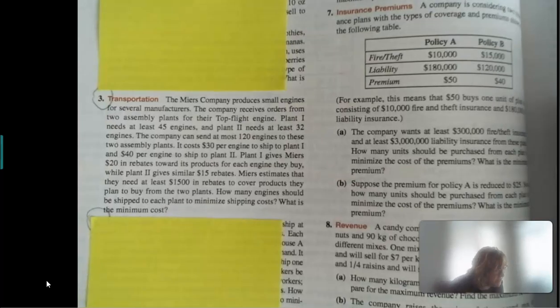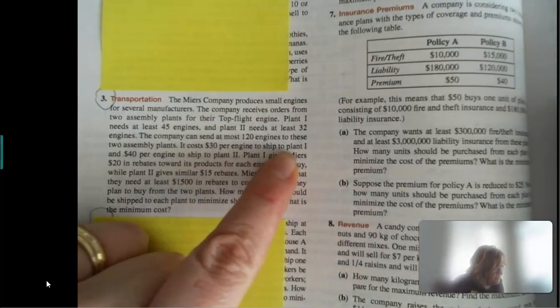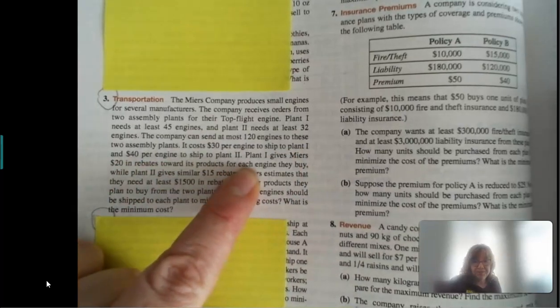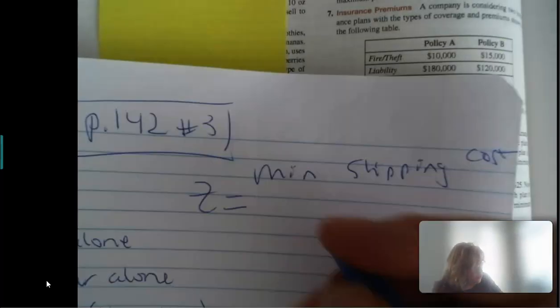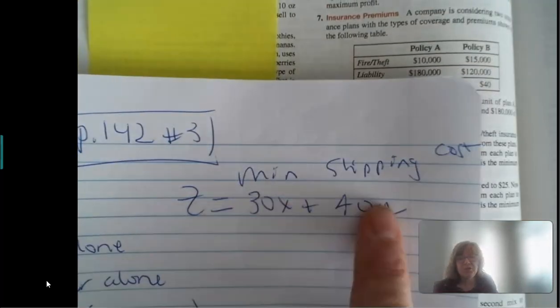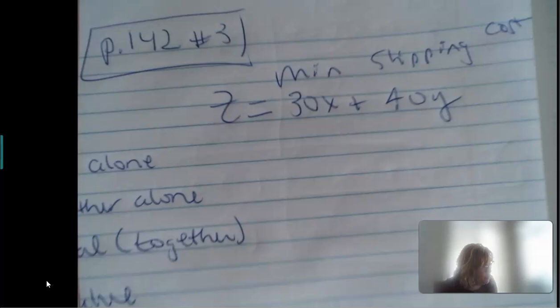All right, so what does it say about shipping costs? It costs $30 per engine to ship to plant 1 and $40 per engine to ship to plant 2. So at the top, you're going to do Z equals 30x plus 40y. But that also tells you what nouns go at the top, because it says $30 to ship to plant 1.